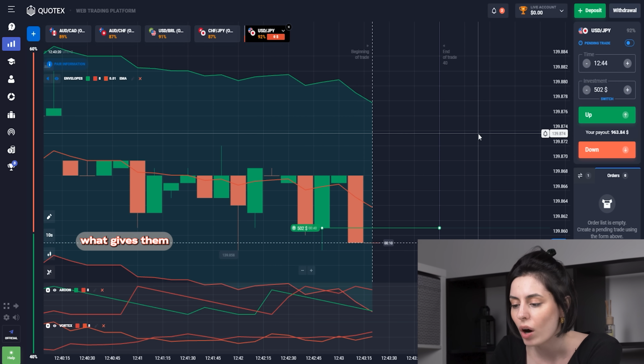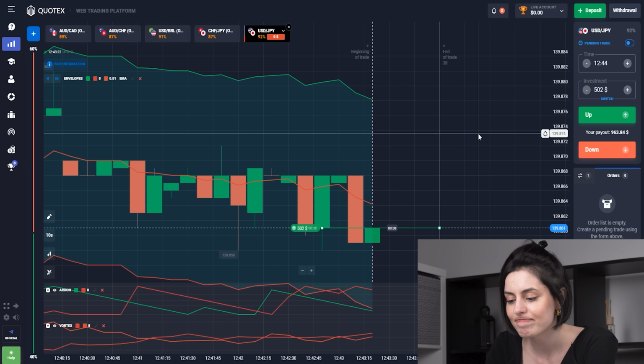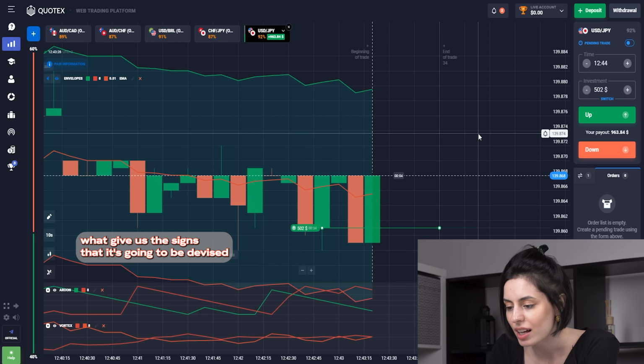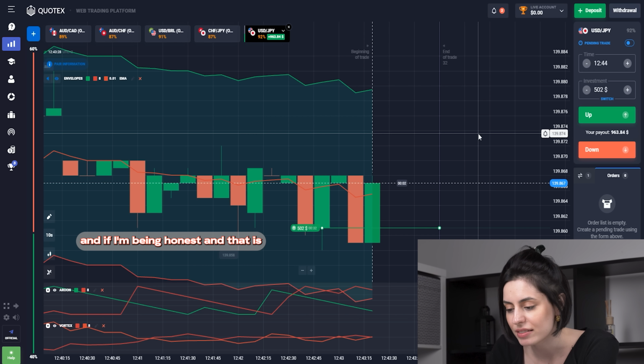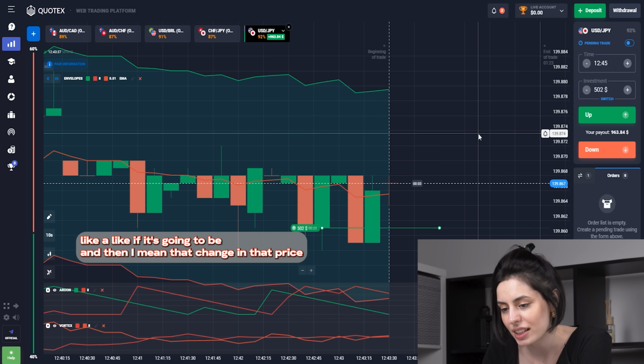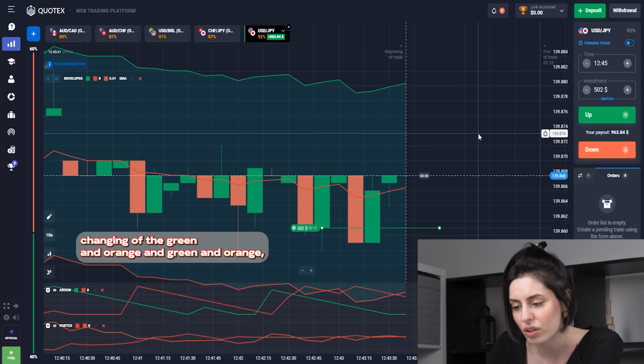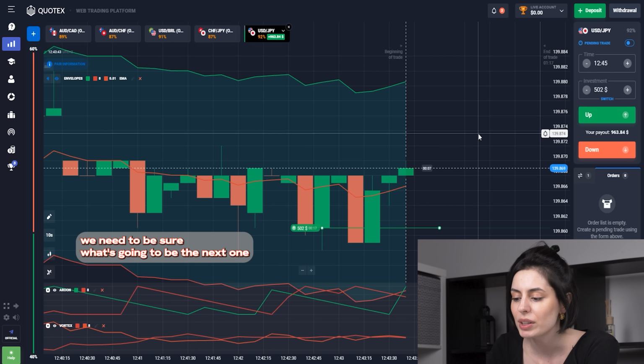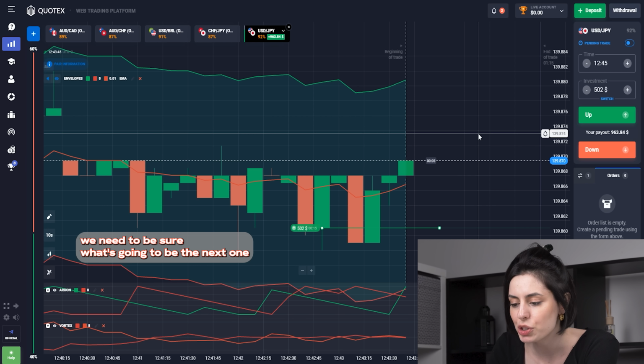But what gives us the signs that it's going to be rising? If I'm being honest, in that case, this is almost like, if it's going to be ending, I mean that fast changing of the green and orange and green and orange, we need to be sure what's going to be the next one.